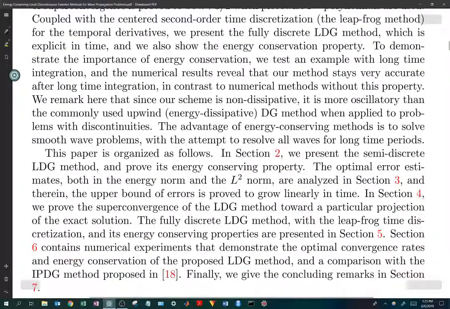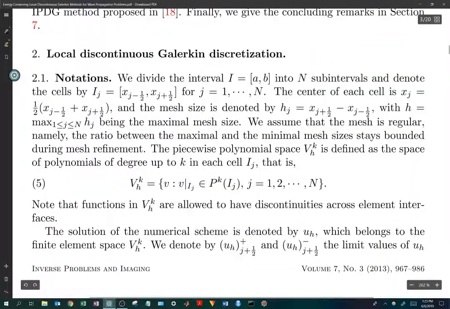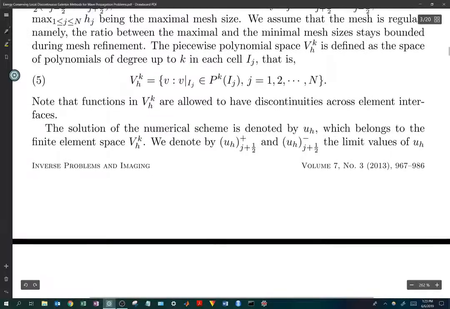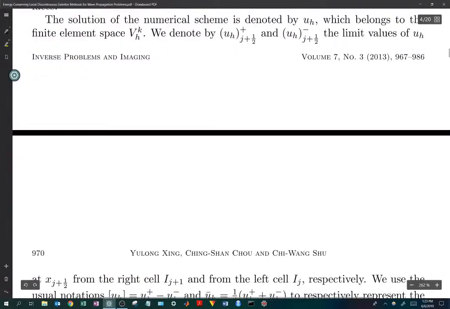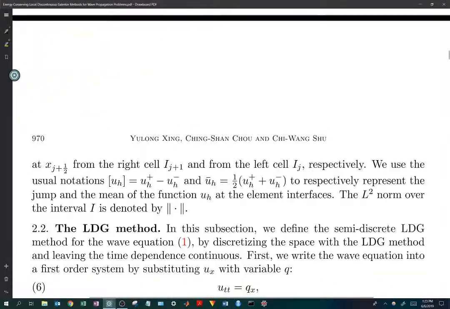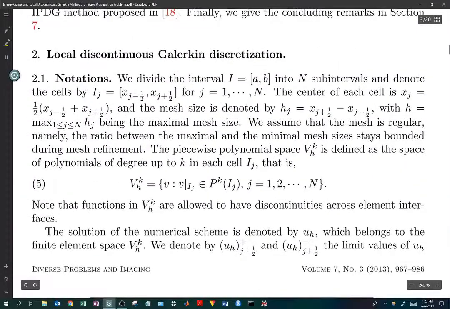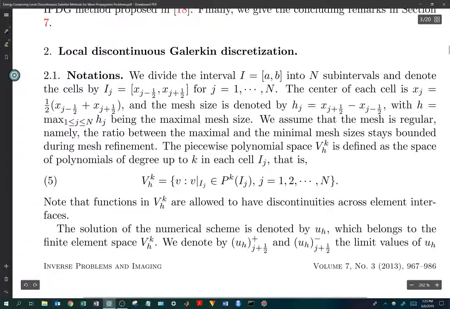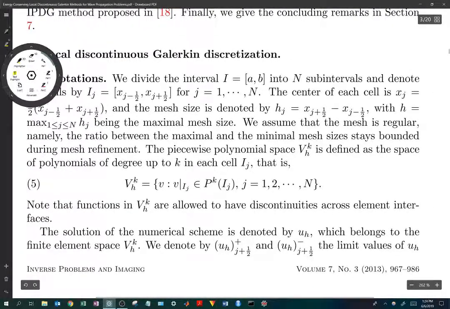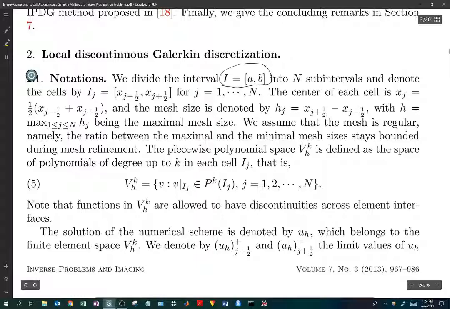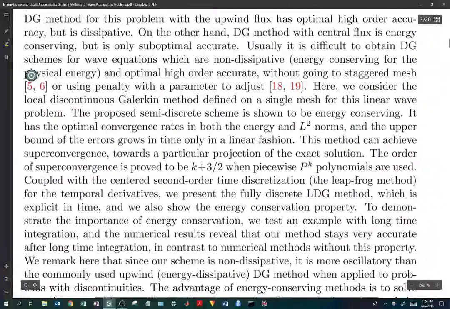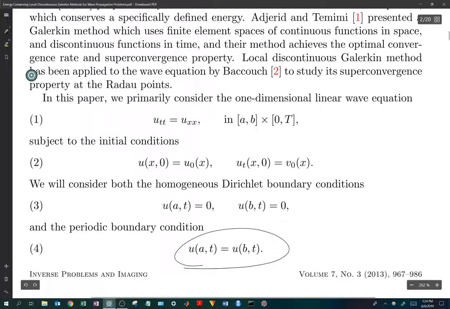So basically what the paper does is it describes how to implement a finite element method to solve this problem. We're going to take our domain, the interval I equals the closed interval from a to b, because that's the domain where we are solving this problem.